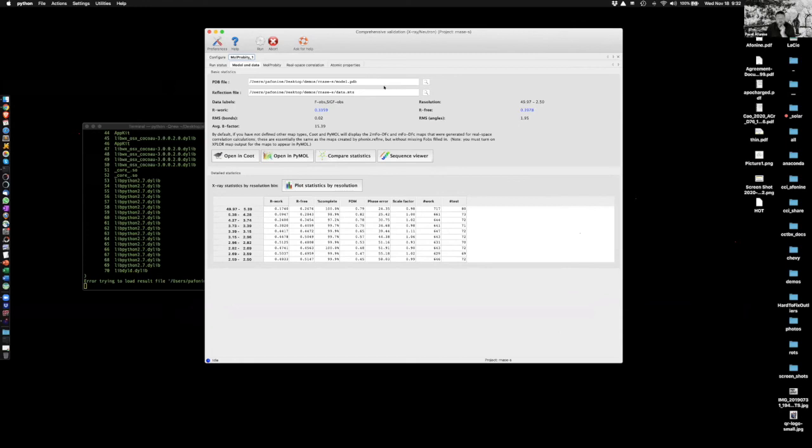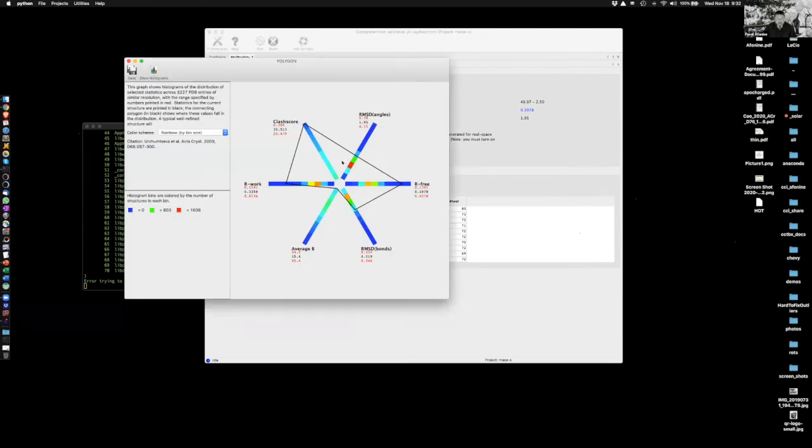One is the polygon tool I mentioned, which tells you where you are with the refinement, or where you stand with respect to all other structures in the Protein Data Bank. So for this one, that's how polygon looks. And I hope you now agree it looks horrible.